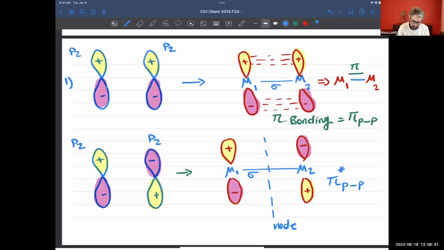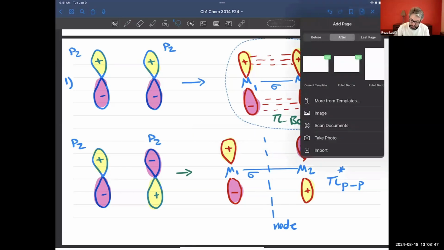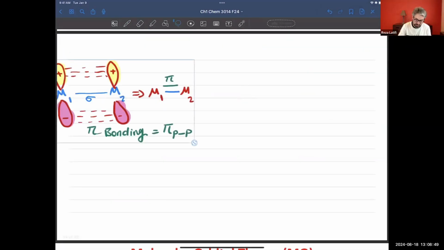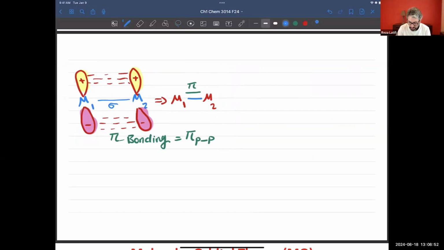Sometimes the pi interaction we show this way. Instead of drawing this, we say M1 is attached to M2, and we draw a cloud on the top and one at the bottom, and we say this is positive and that one is negative.